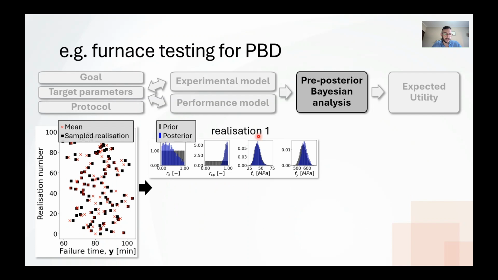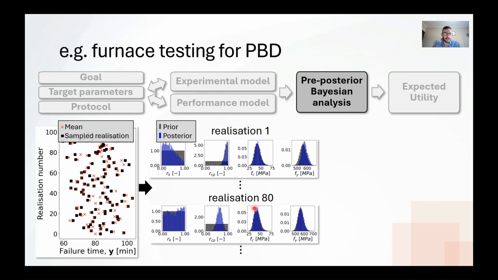So for example, for the first realization, which is this one, I'm taking the prior distributions and I'm updating them using some numerical solution of Bayes' theorem. And you see, the blue ones are the posterior distributions of our uncertain parameters if that result was observed during the test. And as you may expect, if you do that for a different realization, now I'm doing it for realization number 80, you will get a different posterior distribution.